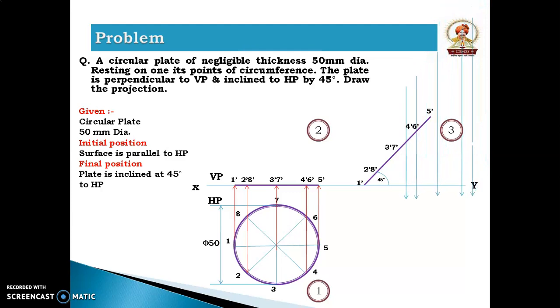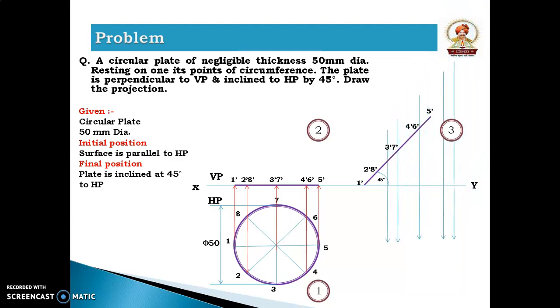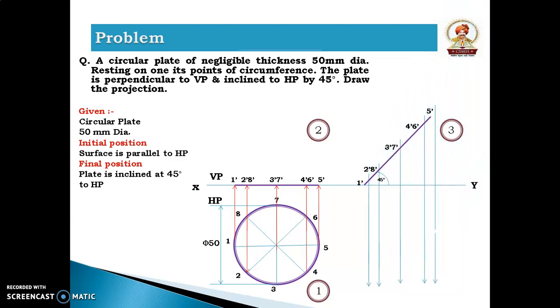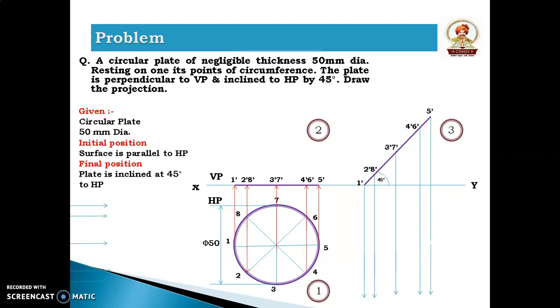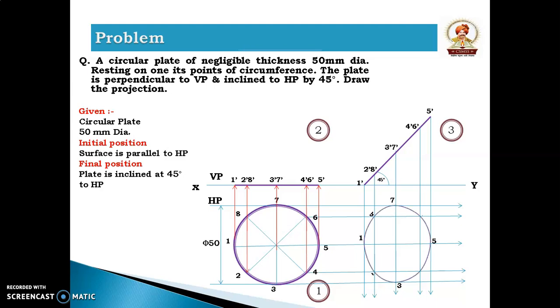Now, taking the projection from front view, that is from step number 3, and previous top view, that is from step number 1, complete the top view of final stage, that is step number 4, and name it 1, 2, 3, 4, 5, 6, 7, 8 respectively.